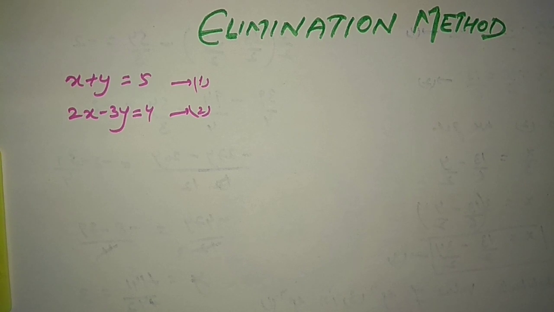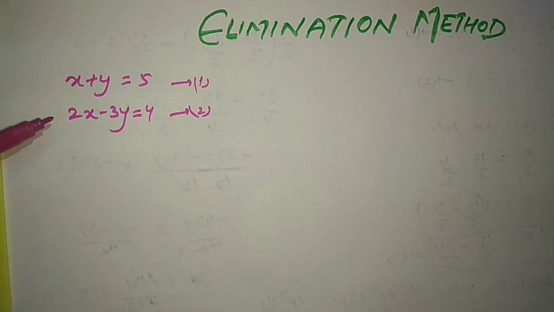The first step is to make the coefficient of any of the variables same in both the equations. Like in this equation we have the coefficient of x is 1 and here we have 2.